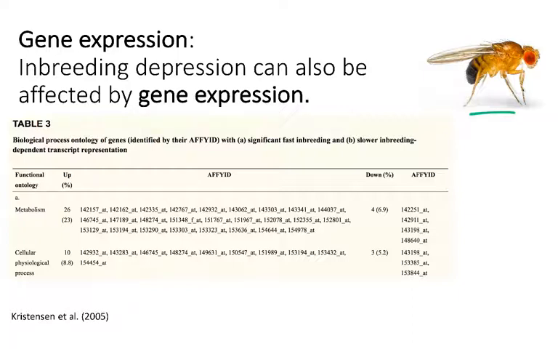They have increased gene expression of things related to metabolism and stress, like heat stress. So overall, if you're an inbred individual, your gene expression is acting as if you are in a stressful environment because inbreeding itself actually acts as a stressor, which I think is super cool. You can actually see that at the gene expression level.